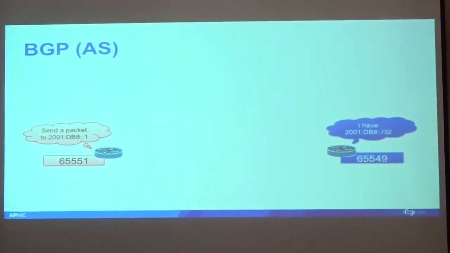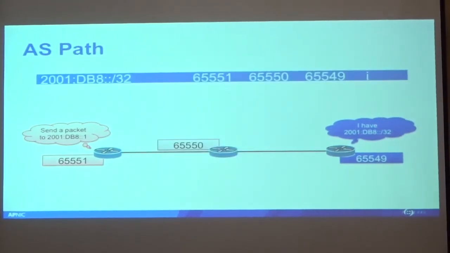How does that work? Very simple. That's what the routing protocol does, wherein this network will learn about this network prefix through that announcement. I have an entry in my database, more commonly called the routing table.